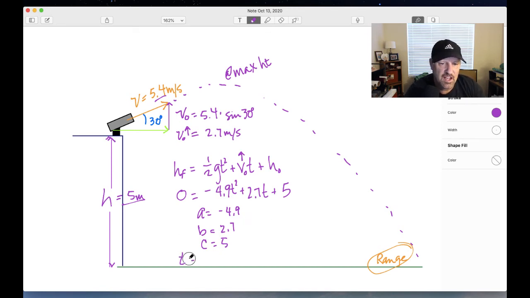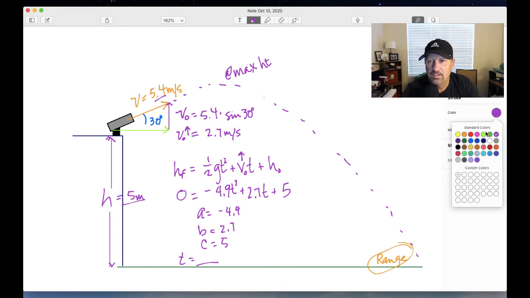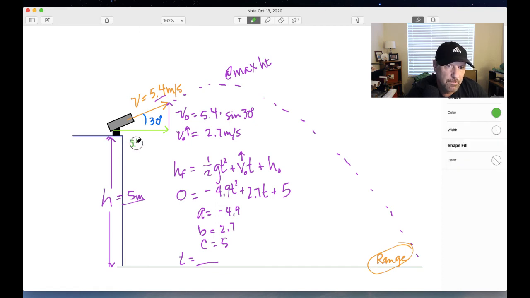Once you get the time of flight, you take it and multiply it by the horizontal velocity. The horizontal component of the velocity is 5.4 times cosine 30, because this is the adjacent side relative to that angle.